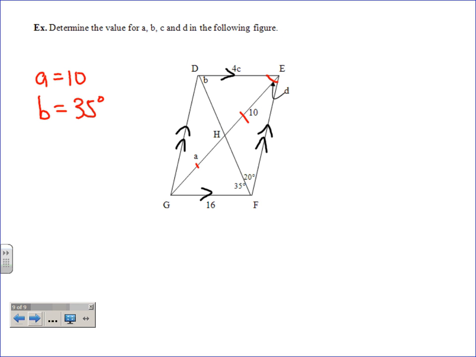Yeah, not quite bisects, but if we do this, it's a parallel line, transversal. 35 and B are close. Alternate interior angles. We already learned that those have to be, remember, look for that Z type shape, right? Okay, and so B does have to be 35. Very well done.